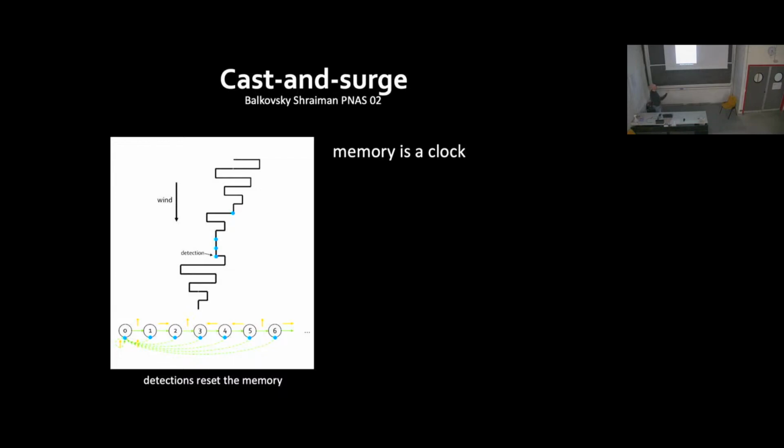Okay? If it happens that there is a detection, the system transitions to state 0. So in this case, the memory is behaving like a clock. This clock is ticking every time that you don't encounter the odor. If you encounter the odor, clock reset and restart.